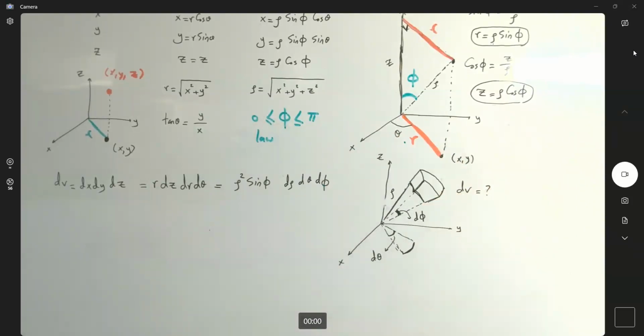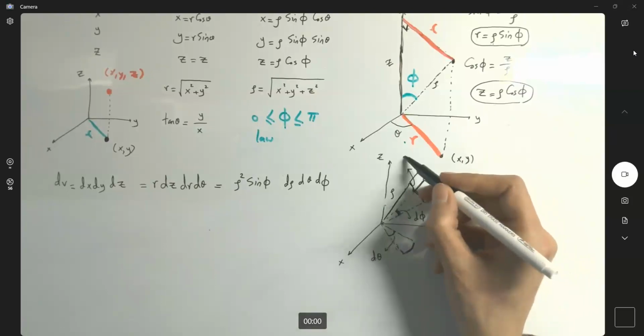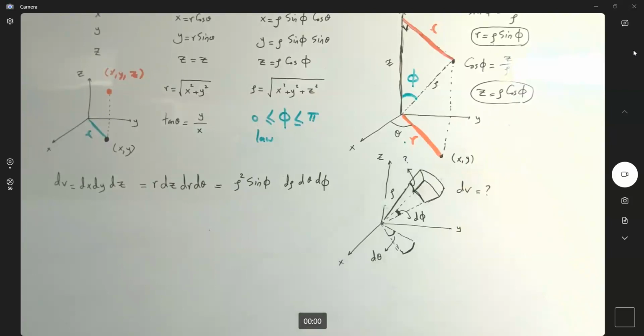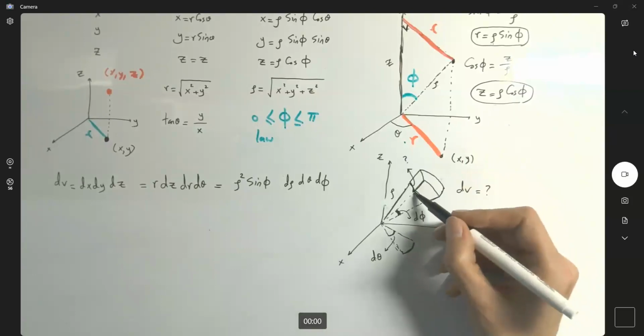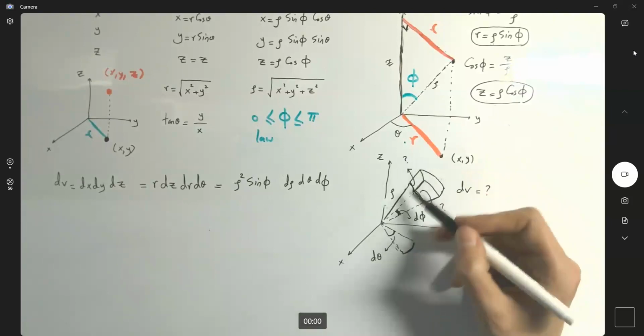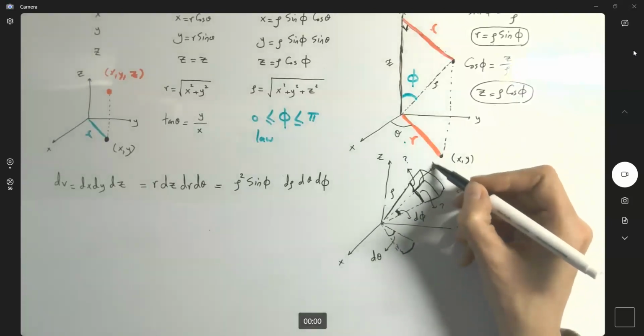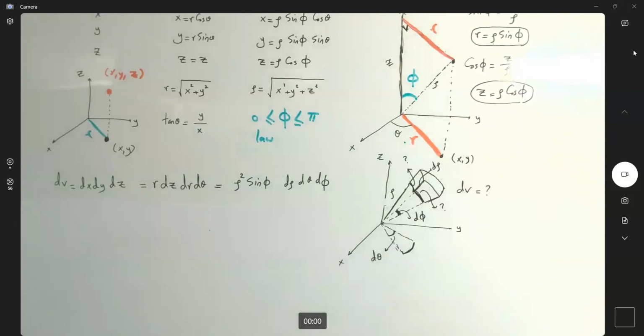We have a rho. Now, take a look at this piece. What is the measurement here? How do I measure this value? These are the things that I need to find, then do the multiplication. This is rho, and I can call this guy d rho. I don't have any issue here.